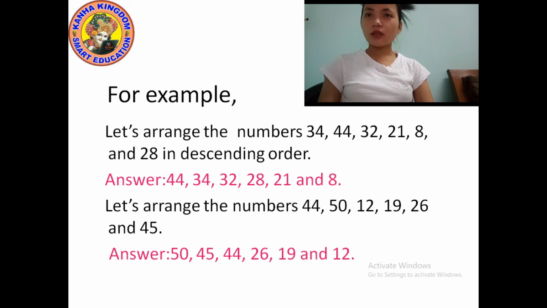Okay, students, descending order means we have to arrange the numbers from biggest to smallest. So I arranged the numbers 44, 50, 12, 19, 26 and 45 in descending order. How? 50, 45, 44, 26, 19 and 12 is in descending form.